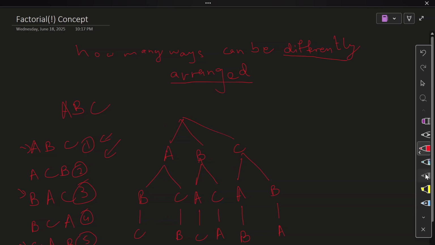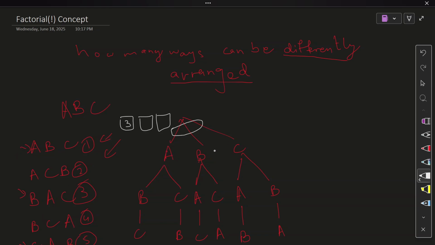But to observe factorial, you see the choices. Firstly, for my first position, I had three letters to choose from. So this spot had three choices, right? One, two, three.